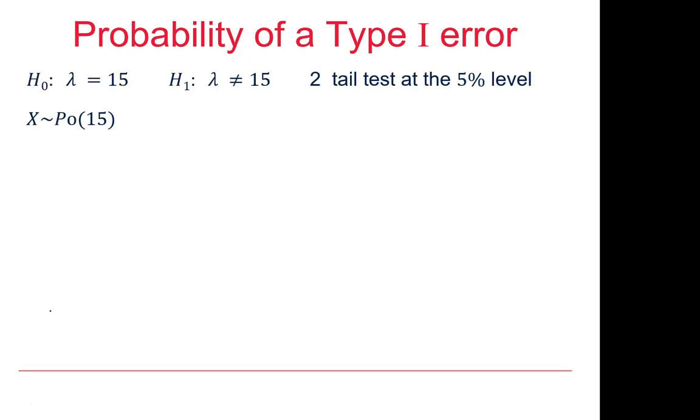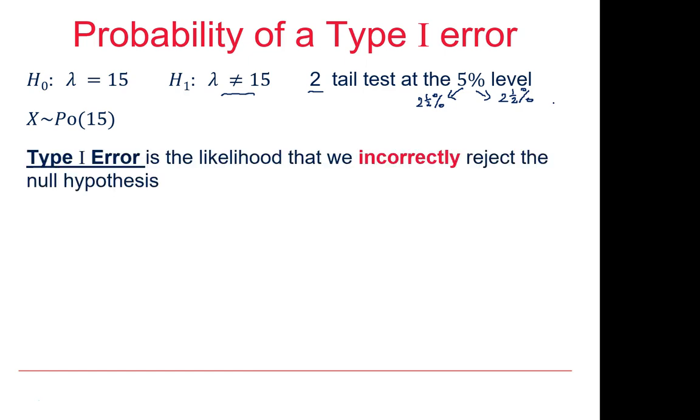Again, let's set up this hypothesis test, but this time our alternative hypothesis is simply that lambda does not equal 15, so this is a two-tailed test at 5%. Remember, with two-tailed tests we split our significance level at each end, the extremely unlikely low end and the extremely unlikely high end.